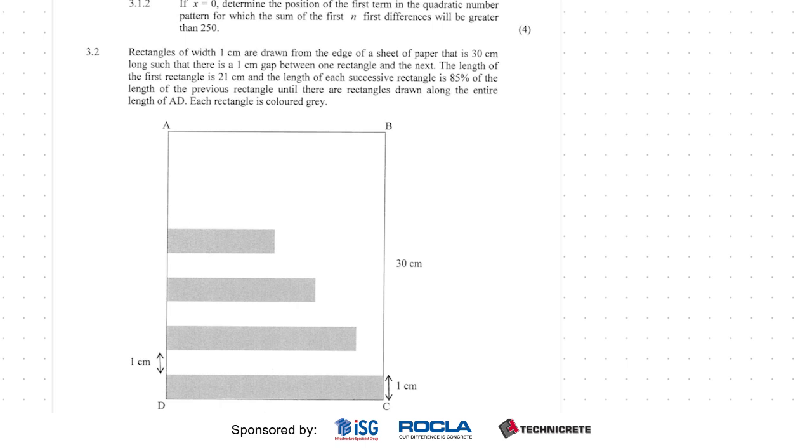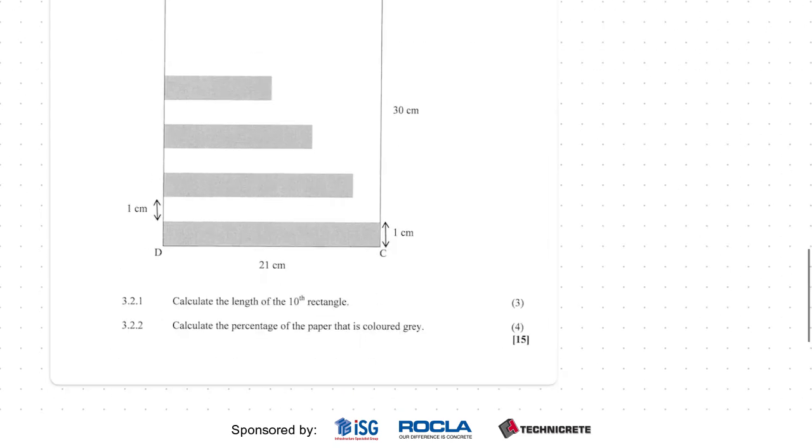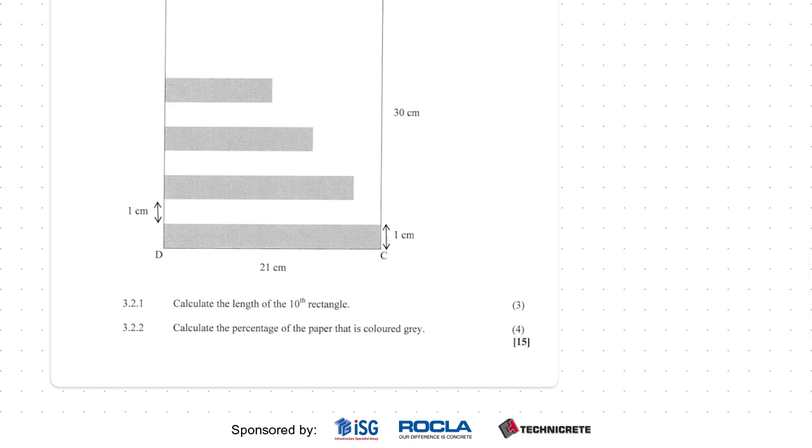The length of the first rectangle is 21, and the length of each successive rectangle is 85% the length of the previous rectangle, until there are rectangles drawn along the entire length of AD. Each rectangle is colored gray. Calculate the length of the 10th rectangle.